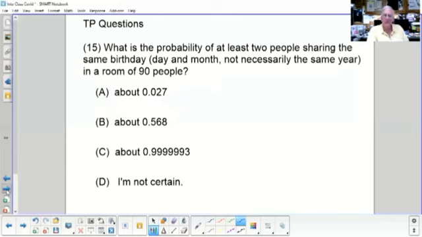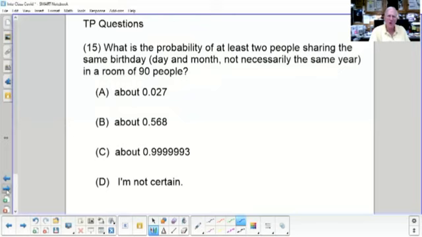What is the probability of at least two people sharing the same birthday, that's day and month, not necessarily the same year, in a room filled with 90 people? Now, something like this happening is referred to generally as a coincidence.